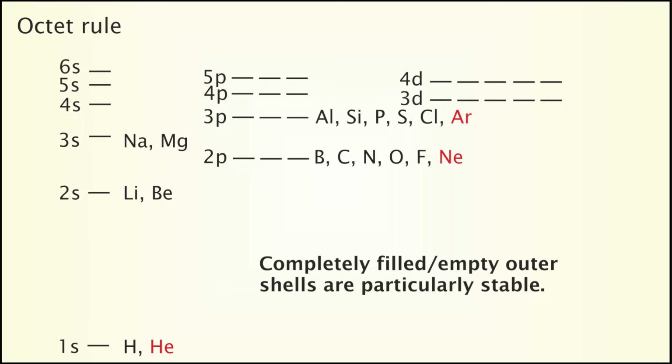It's completely different if you look at things like sodium and lithium and hydrogen. These are all elements which have one electron in the s orbital, only one, and they have the tendency to lose this electron. Then they have an empty outer shell, and this is, as I said, particularly stable.